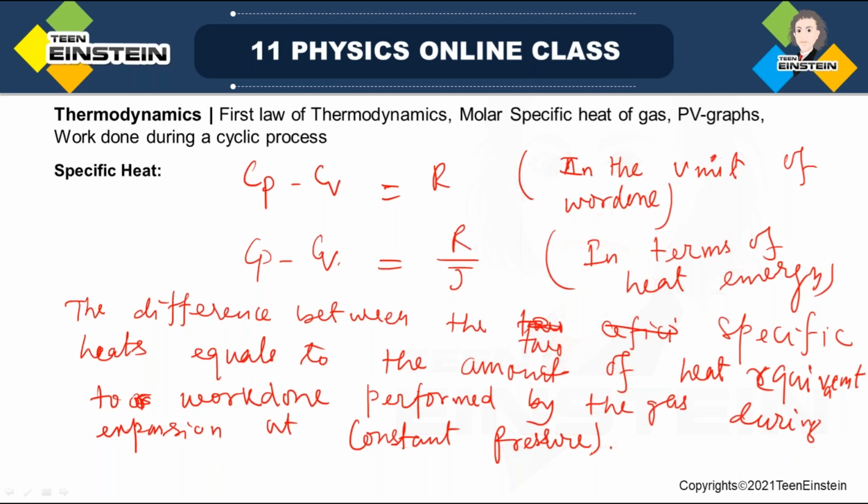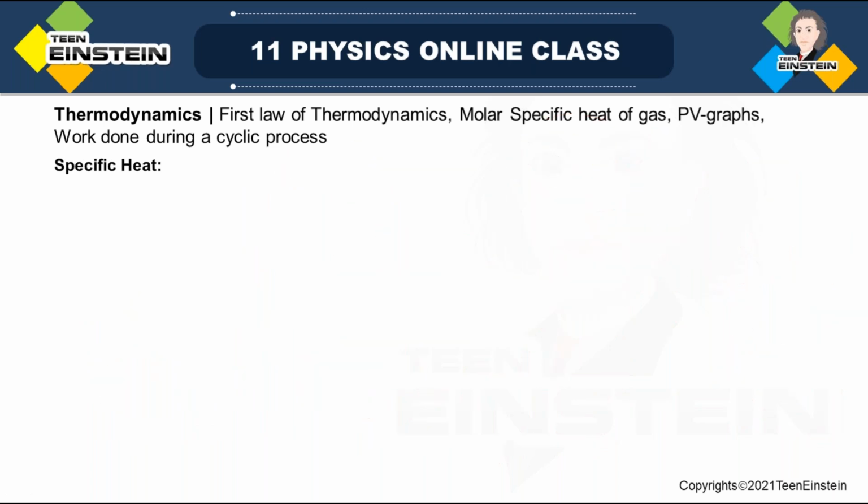So this is about molar specific heat, and one short thing I'll just tell you here: Cp by Cv, the ratio of the molar specific heat at constant pressure to that at constant volume, will give you a constant.